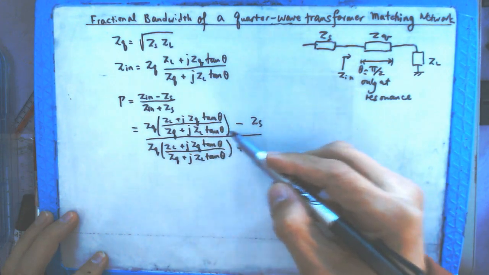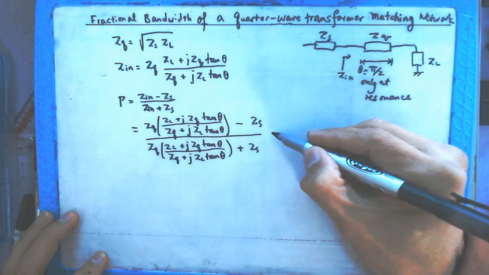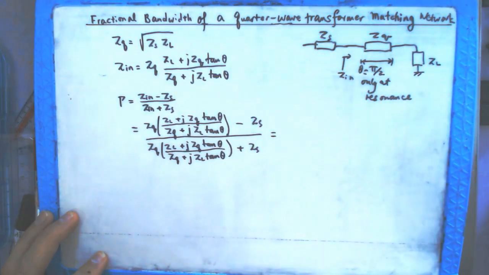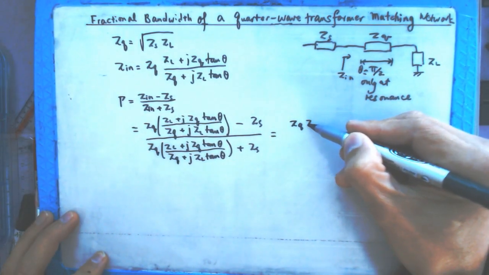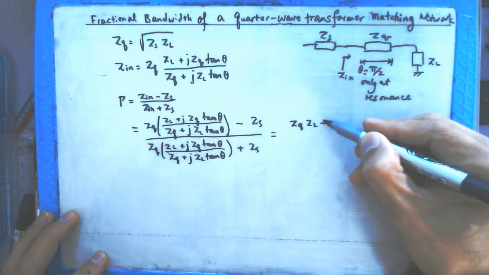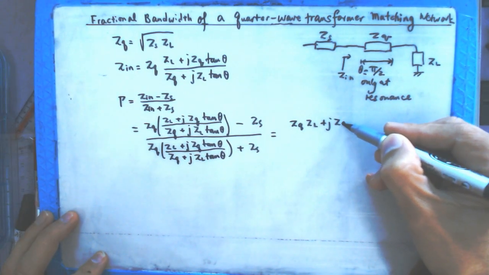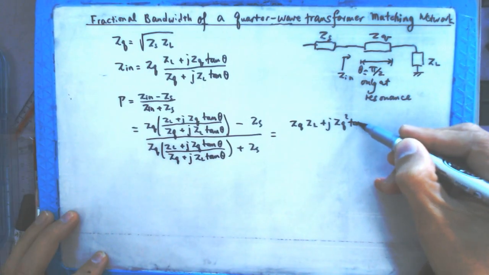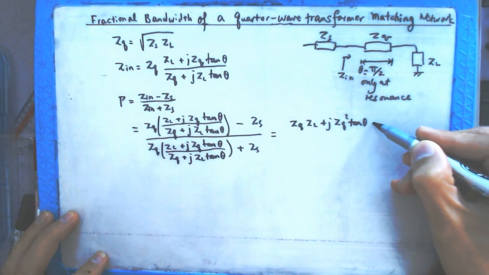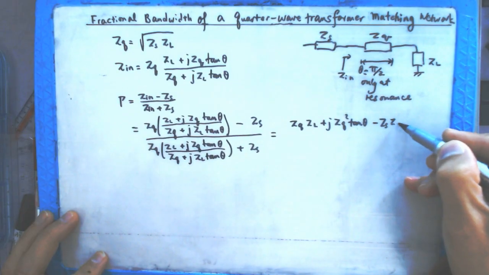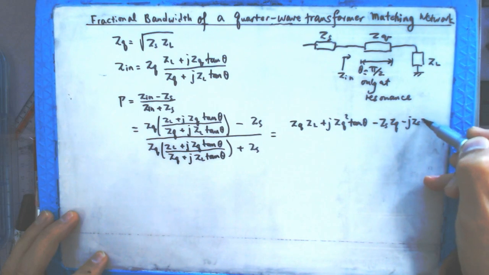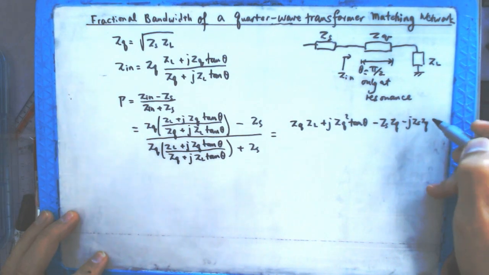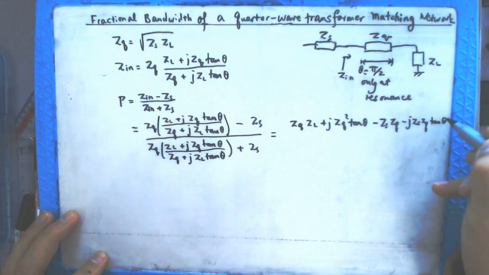So if you simplify this expression, then you will get ZQ ZL plus j ZQ squared tangent theta, and then ZS ZQ, and then j ZS ZQ tangent theta.